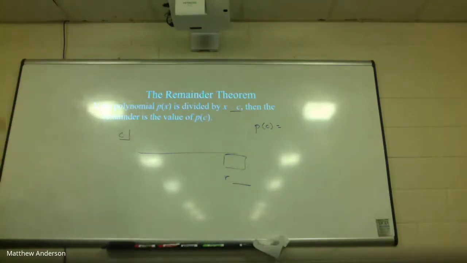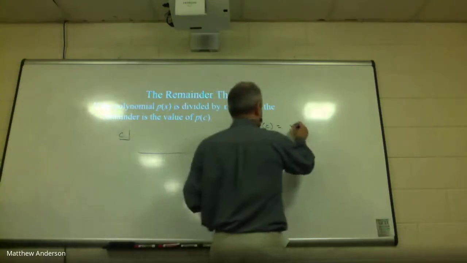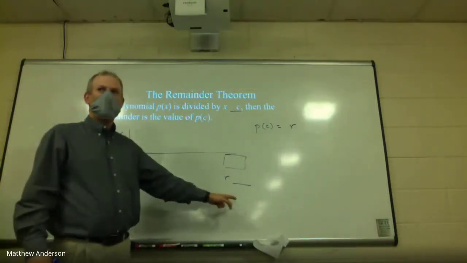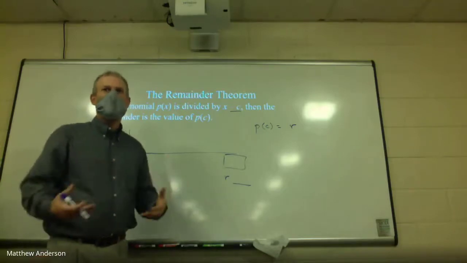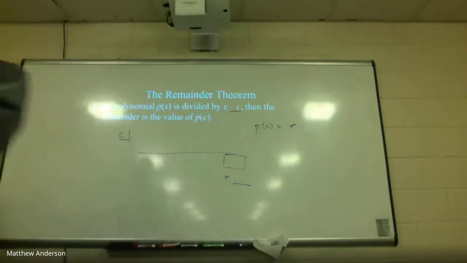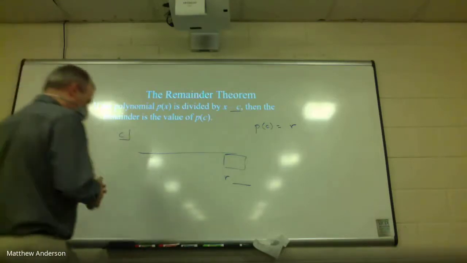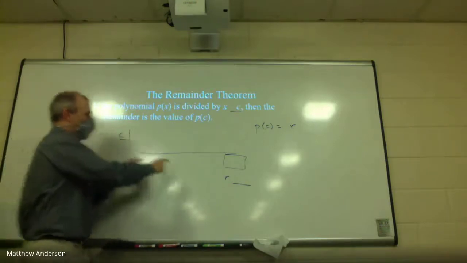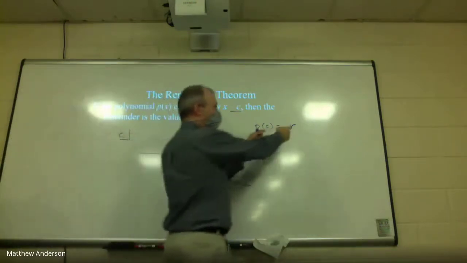So if we did that, the answer would be whatever the remainder is down here. Okay? Now we're going to do some examples of that, but that's going to become important to us as we go on to the next topic. So again, if we're putting a c in here, we do all the work, the remainder is the value of p of c.